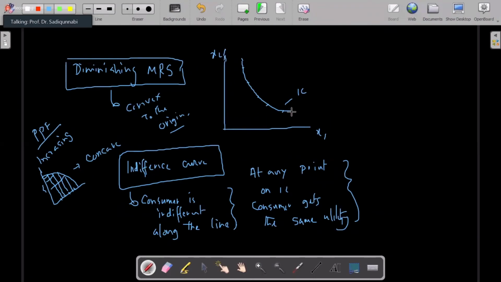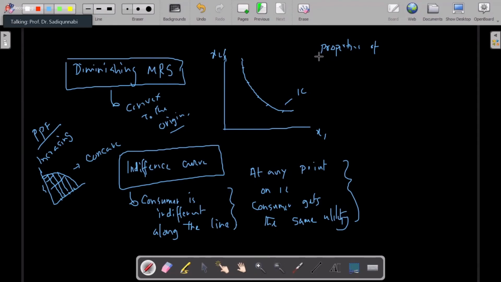So now we have got the indifference curve. Now we need to make some characteristics, I mean, properties of the IC. Sir, can we keep the class up to this, please, sir?